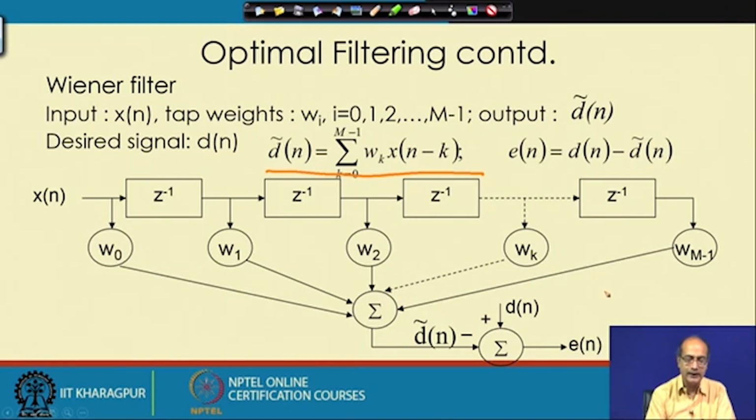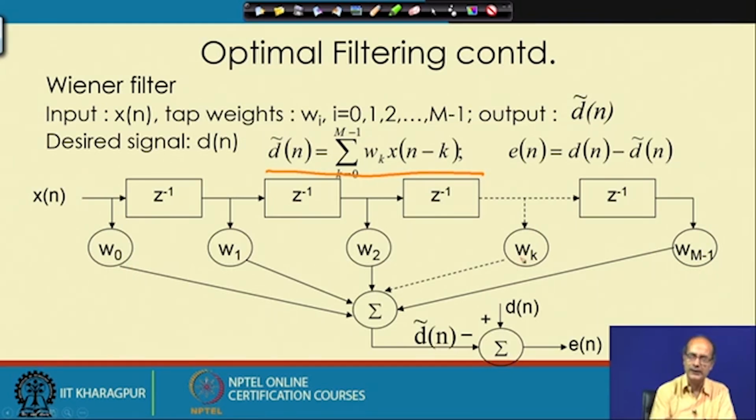One point I would like to point out: here w k, this index suggests with which lag of the input it is multiplied, and it does not have any index with n.